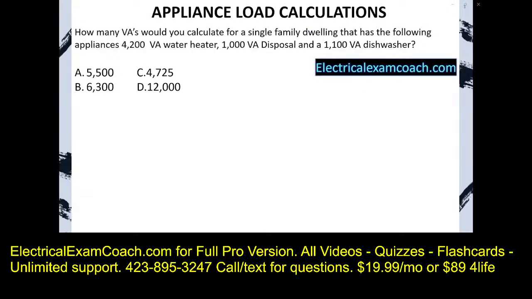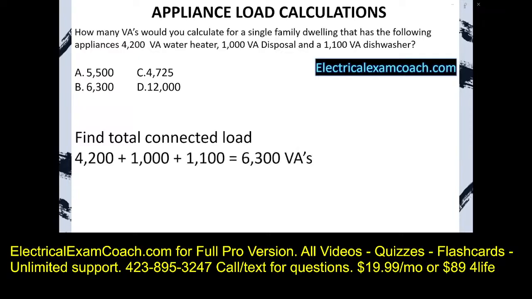How many VAs would you calculate for a single family dwelling that has the following appliances? A 4,200 VA water heater, a 1,000 VA disposal, and an 1,100 VA dishwasher. First, we're going to find the total connected load. We total all that up. It equals 6,300 VAs. Now, we check for demand factors.